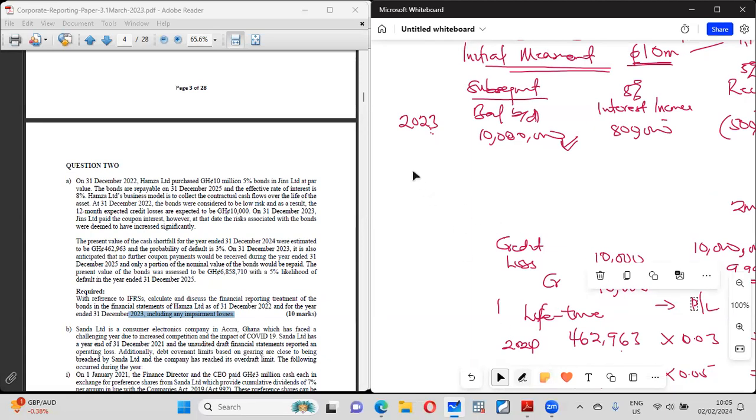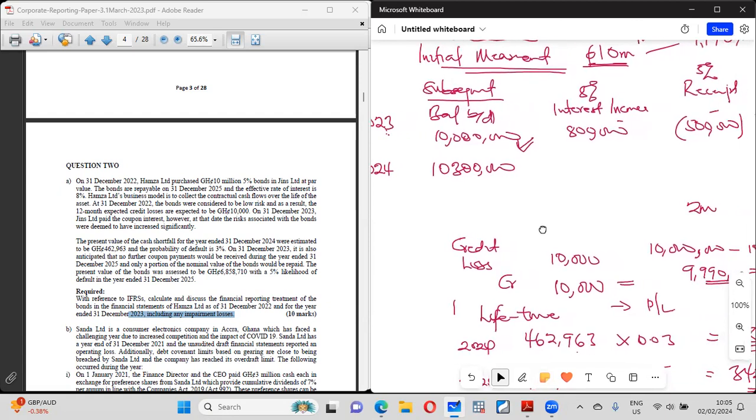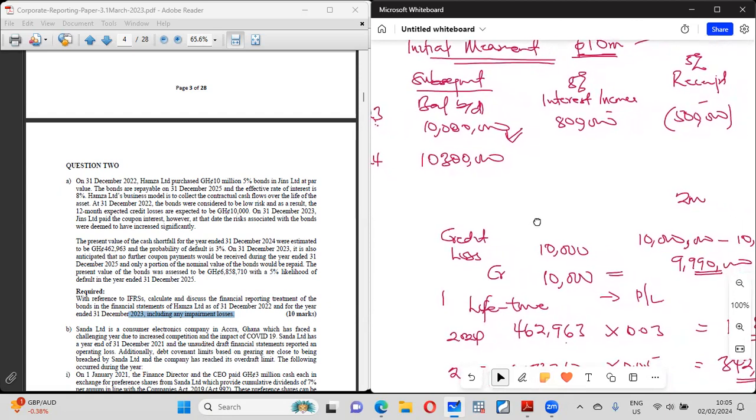So our 2024, don't forget, this they are holding to maturity is amortized cost. There is no need for fair value. So here will be 10,300, right? 10,300. Yeah. But the trick in here is that this interest income, don't forget, because there was a significance, we are going to take our 10,300 and we will deduct.